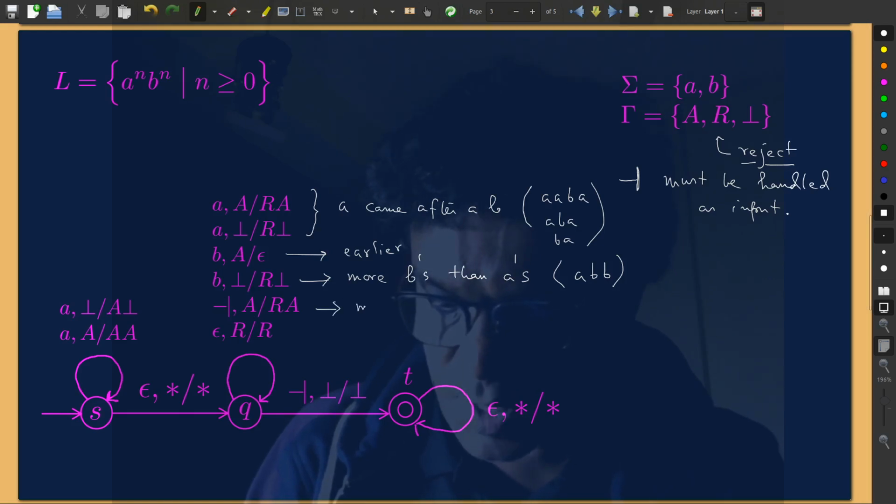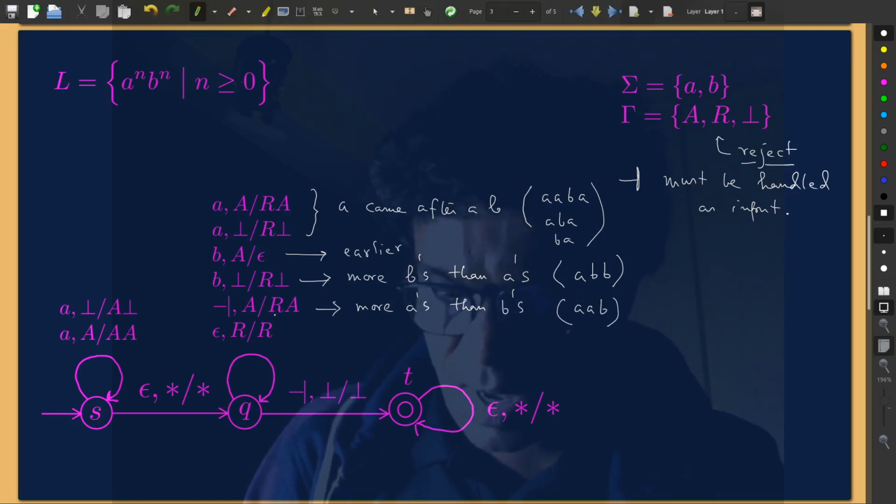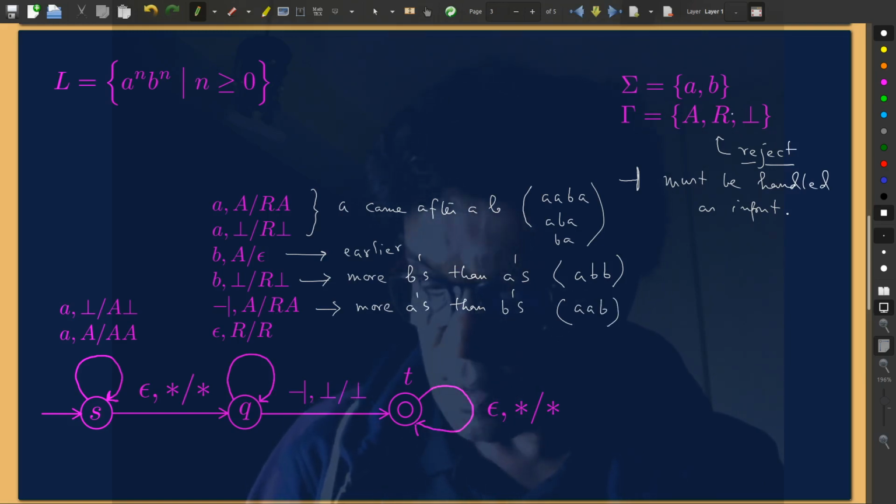So that means more A's than B's, something of this form, AAB. Then again the machine should reject, and that rejection is done by pushing that R, the reject symbol, to the top of the stack.